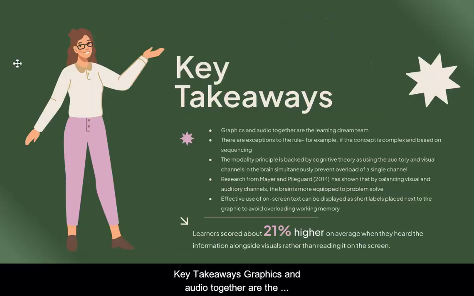Key takeaways. Graphics and audio together are the learning dream team. There are exceptions to the rule, for example, if the concept is complex and based on sequencing. The modality principle is backed by cognitive theory, as using the auditory and visual channels in the brain simultaneously prevents overload of a single channel.